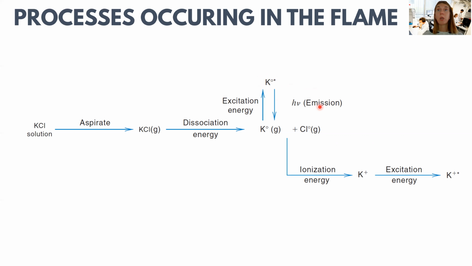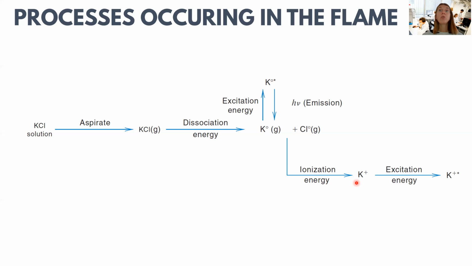Of course, we also have competing processes, one of them being ionization. If too much energy is given to the atoms, then they can also directly ionize and produce cations in the flame, and these are not useful for atomic emission.